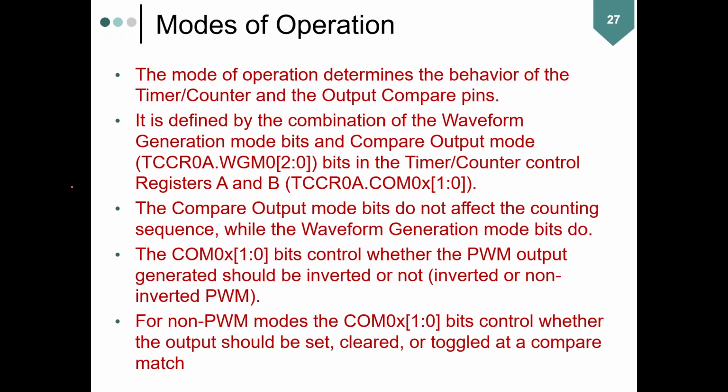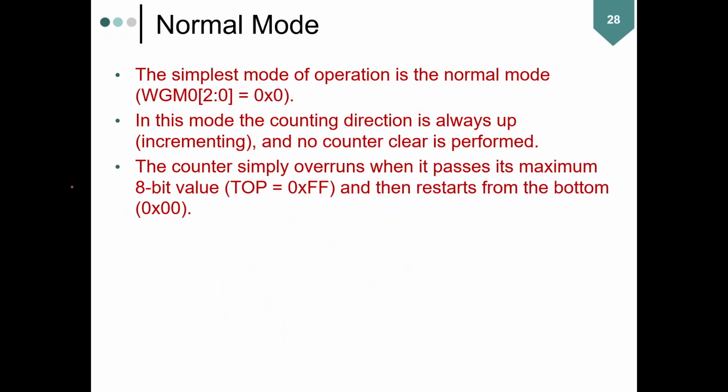For non-PWM modes, the COM0 bits control whether the output should be set, cleared, or toggled at a compare match. This is something we are going to see right now.